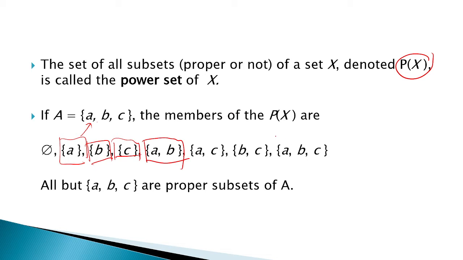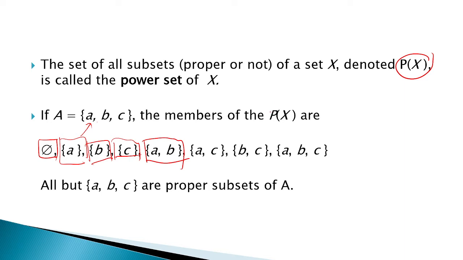And so on and so forth. Also, we have the null set, because null set is automatically a subset of your certain set. Now, all of these combinations will be your power set.